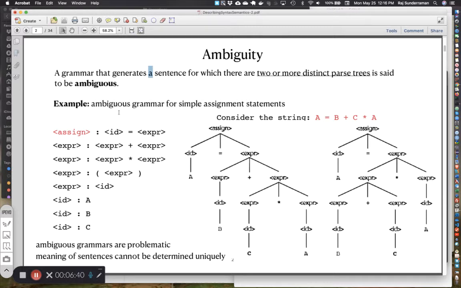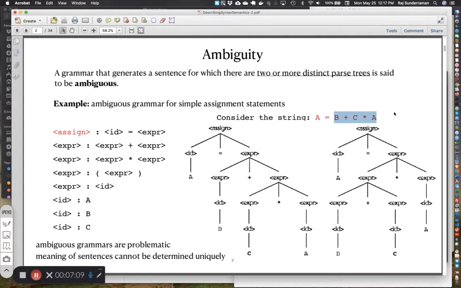I believe we'll have at least two examples here, but the first one is the very traditional arithmetic expression example. This is something we have dealt with maybe even in grade school, when you learned plus and minus and multiply and divide. Look at this expression in red here: a equals, an assignment statement, but on the right hand side is an arithmetic expression, b plus c times a.